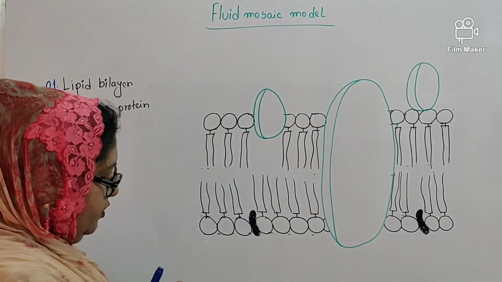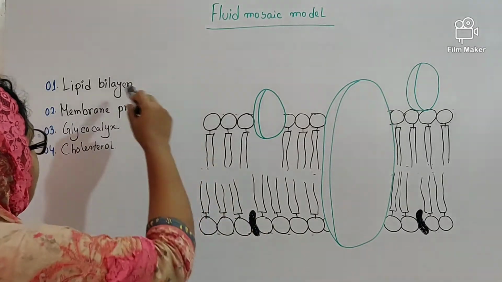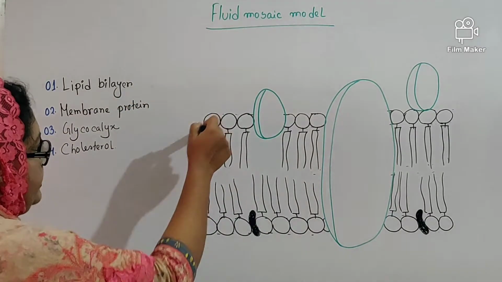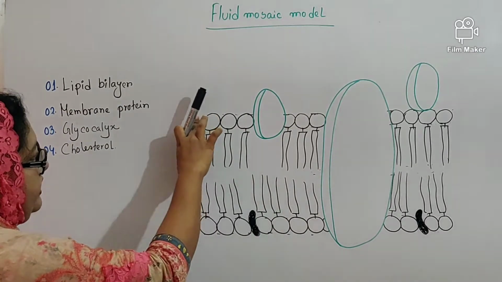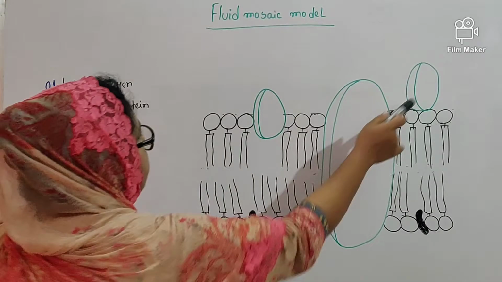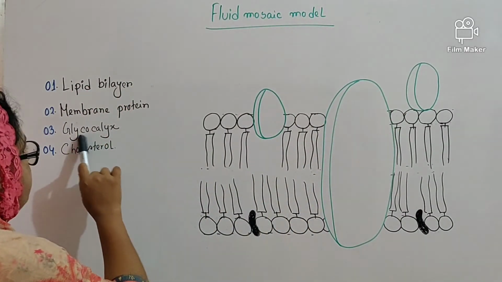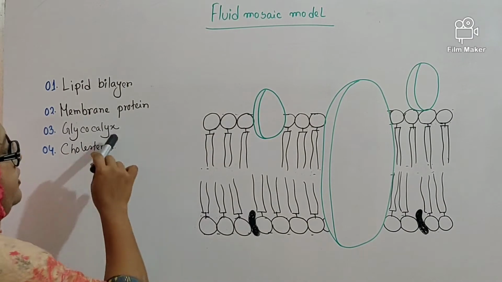Okay. Now, my dear students, you can see that I have drawn the diagram of phosphate and lipid, that means phospholipid bilayers. Here is one layer and there is another layer. Then membrane protein, 1, 2, 3 proteins. Now, and cholesterol molecule.